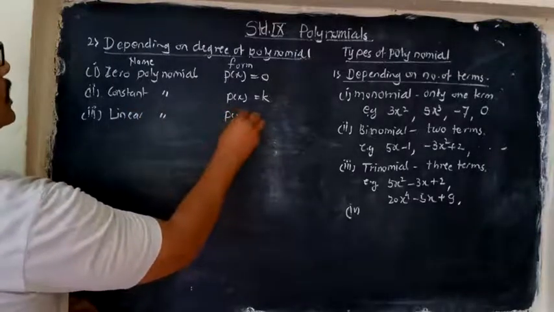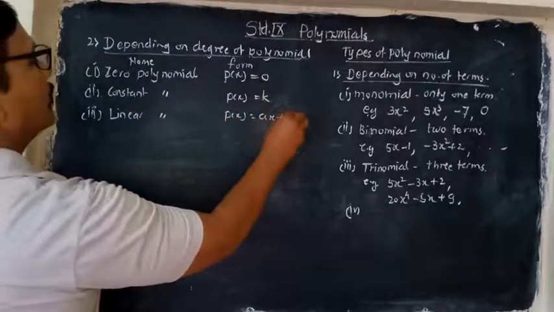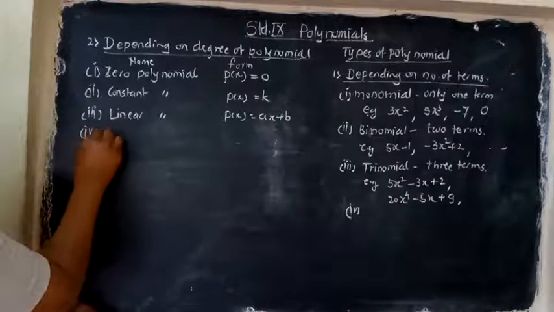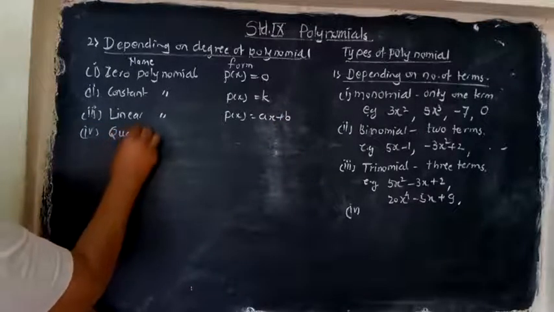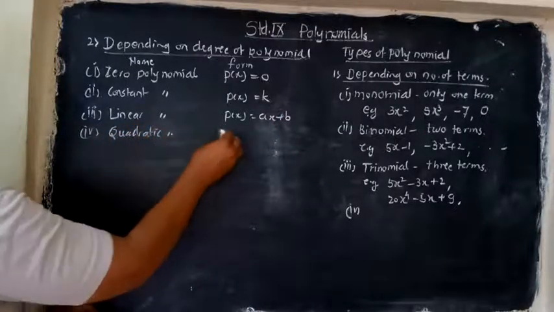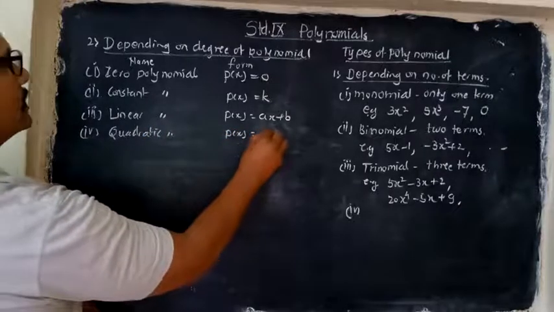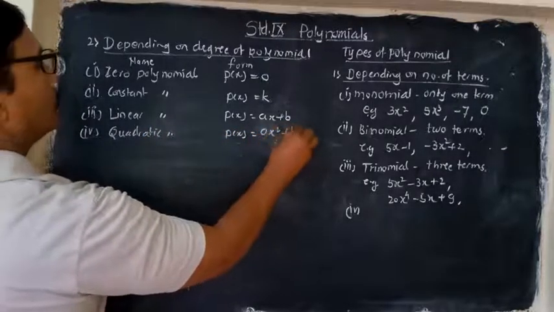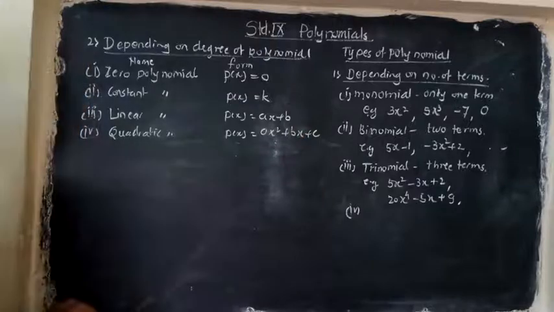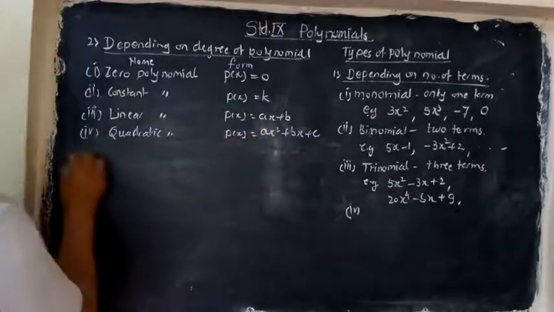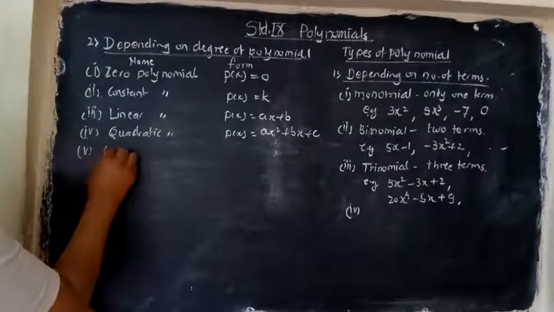A linear polynomial is of the form ax plus b. Fourth is the quadratic polynomial. It is of the form px is equal to ax square plus bx plus c. And fifth polynomial, cubic polynomial.